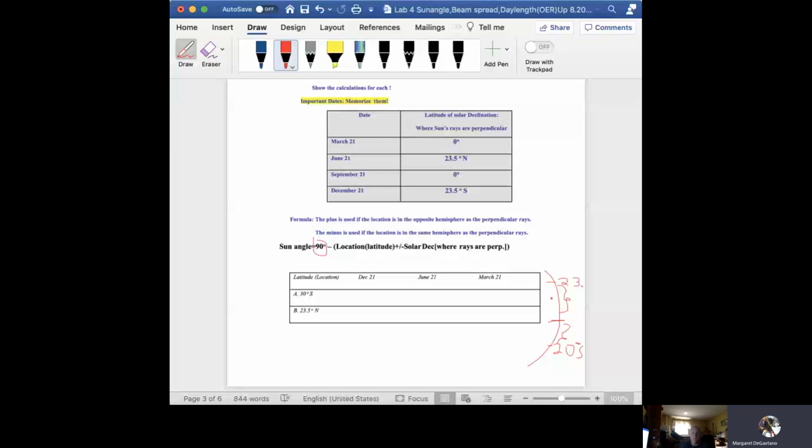So if I was at 20 degrees north, then I'm only 3.5 degrees away from where the rays are perpendicular. My sun angle is going to be much higher, versus in the southern hemisphere right now, where it's wintertime, so the sun angle is going to be much lower.